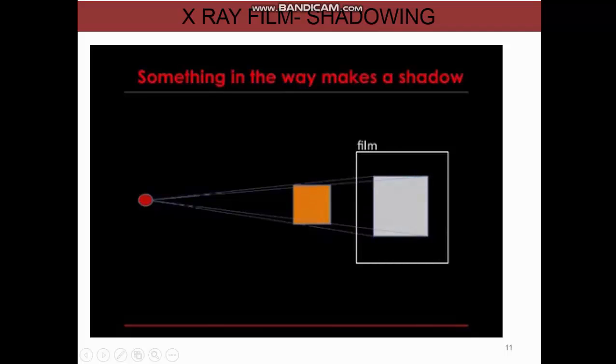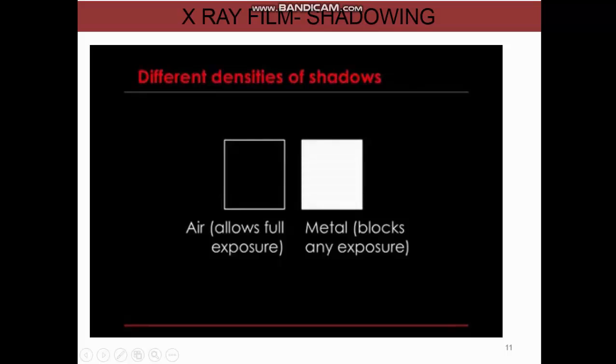Therefore, body parts which let X-rays pass through, for example lungs, are seen as black on X-ray film. But something in the way makes a shadow. The organs which partially absorb X-rays, for example bones and fat, are seen as gray or in different shades. These areas are called shadows on X-ray.